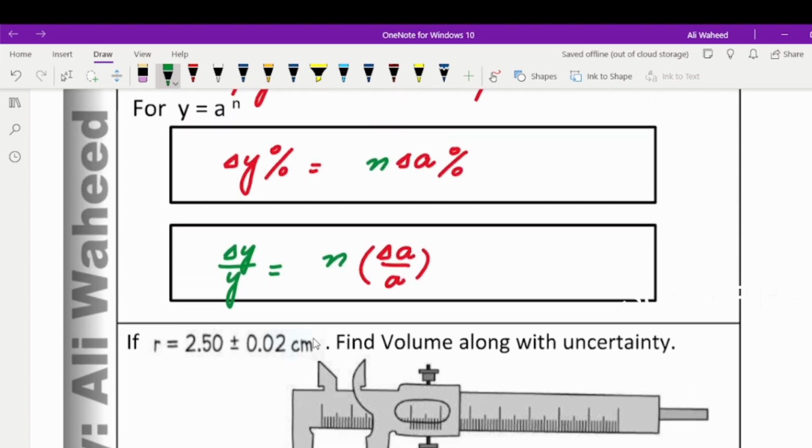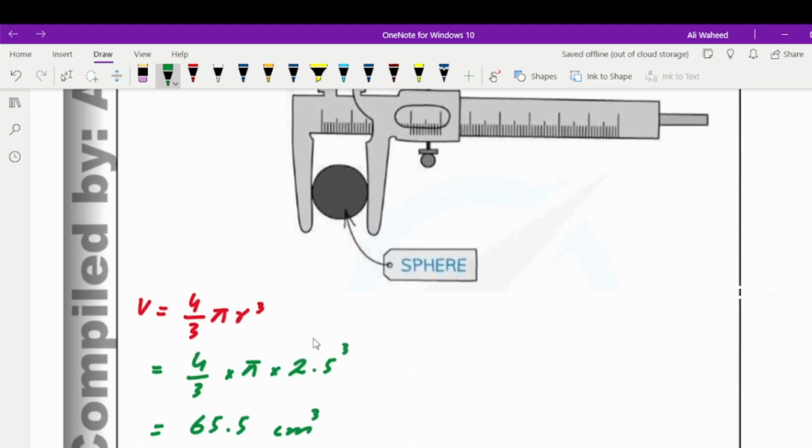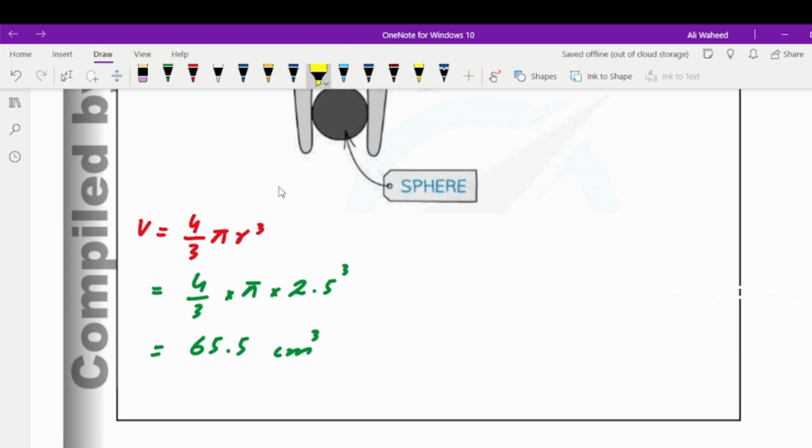Now in order to calculate the uncertainty, the physical quantity that you have is the radius only. Everything else is just a constant. Forget about the constant. The physical quantity is radius, and this is raised to the power 3. The exponent of the radius is 3. So you find the percentage uncertainty of radius, you multiply it by 3, which is the exponent, and that gives you the value of the total percentage uncertainty in volume.